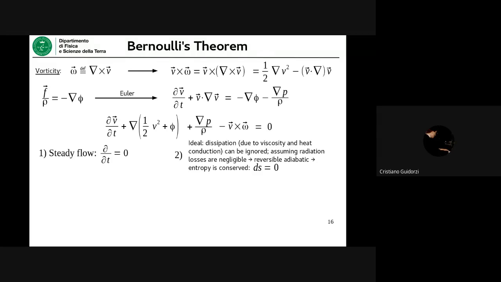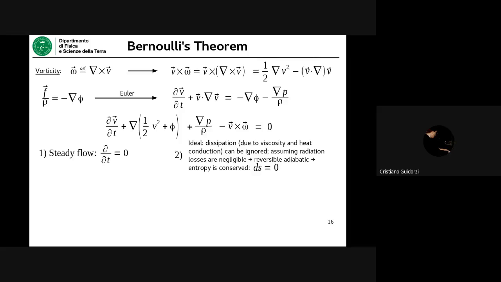If you put together all these assumptions, you see that we are left with reversible transformations, which are also adiabatic, because essentially there's no way the fluid can exchange heat. So no heat exchange, and we also exclude all the irreversible transformations.